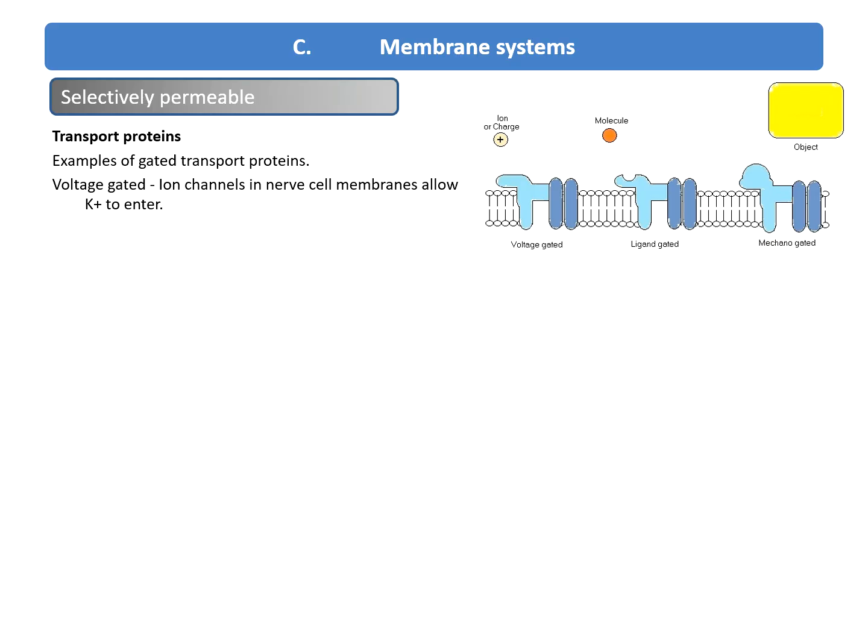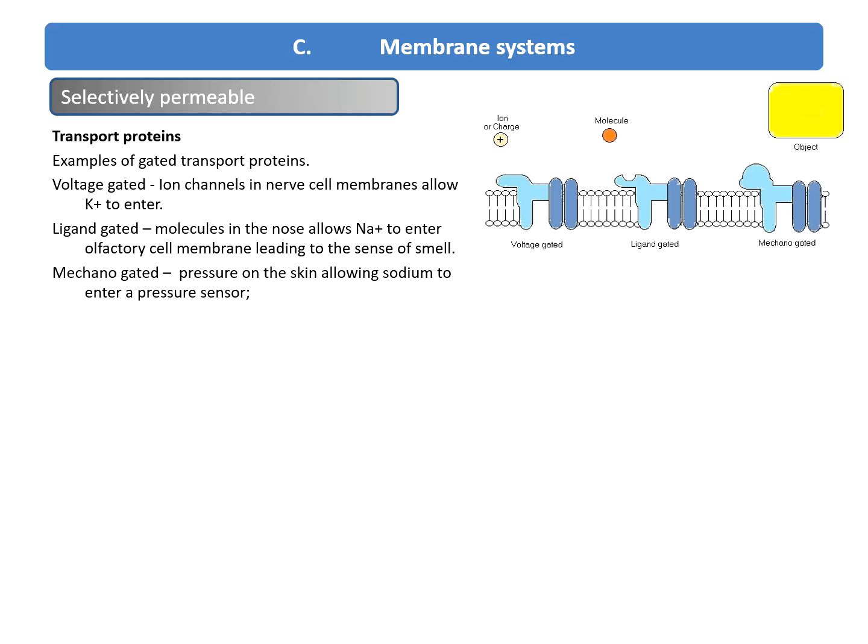A voltage-gated example would be ion channels in nerve cell membranes that, when opened, allow potassium to enter the cell. An example of a ligand-gated protein: molecules in the nose that are sensed as odor would allow sodium to enter the olfactory cell membrane, leading to the sense of smell.